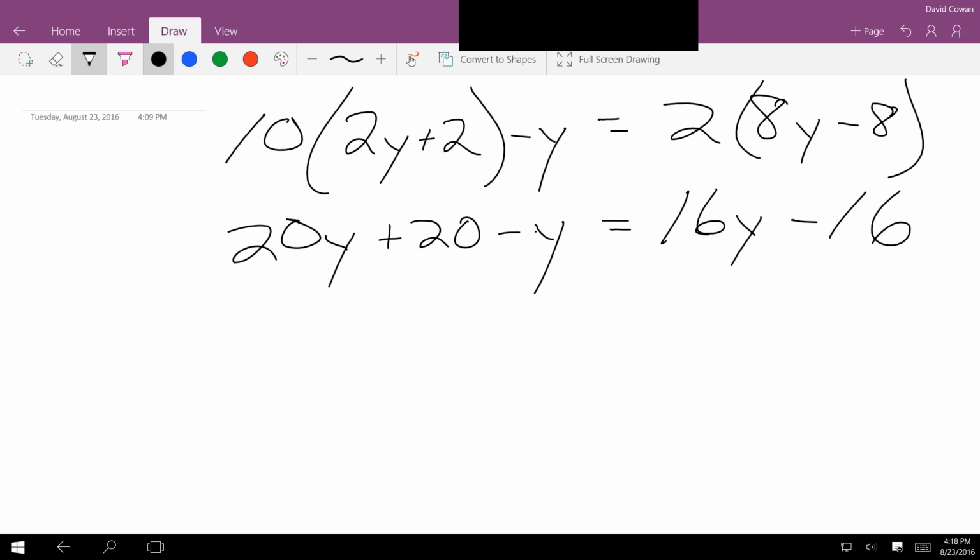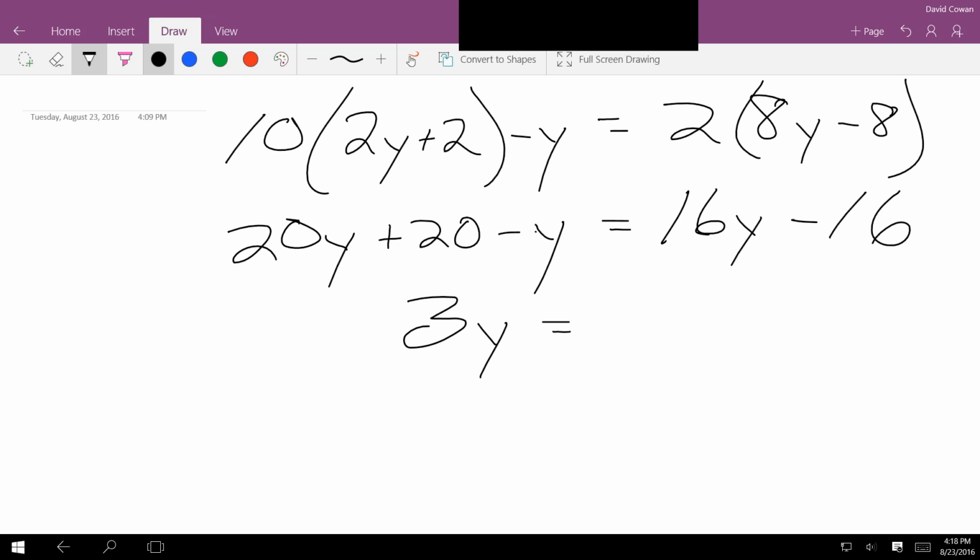Okay. Now when you combine all the y's, what do you get? You can combine all the y's in 2 steps. It's not a single step. In other words, the first step is to take 20y and subtract that y. That's going to give you 19y. And then when you move this 16y over, you get 3y.